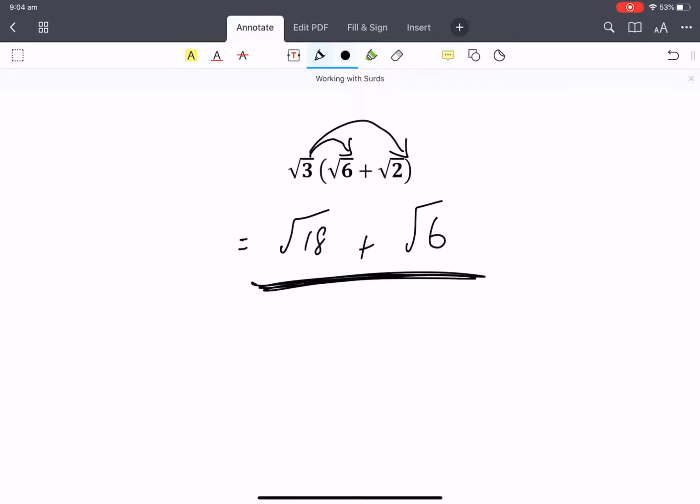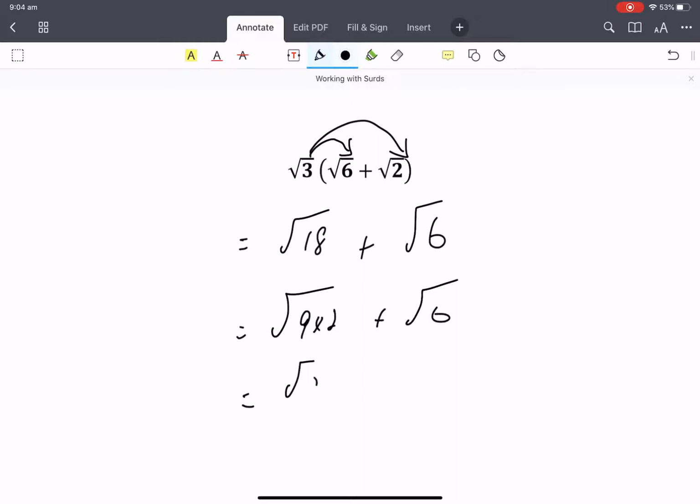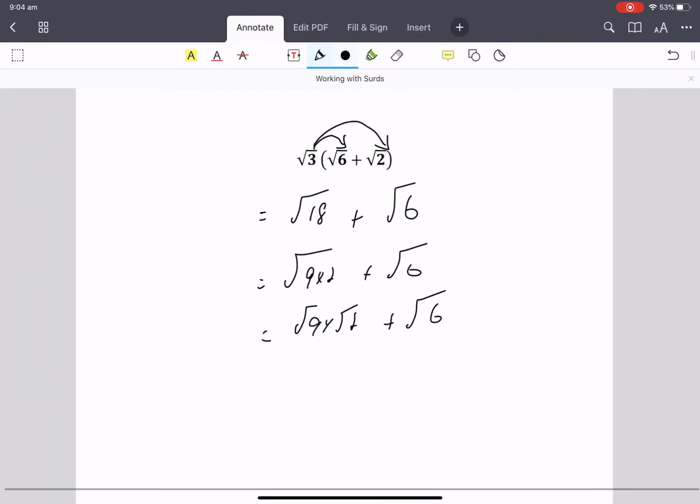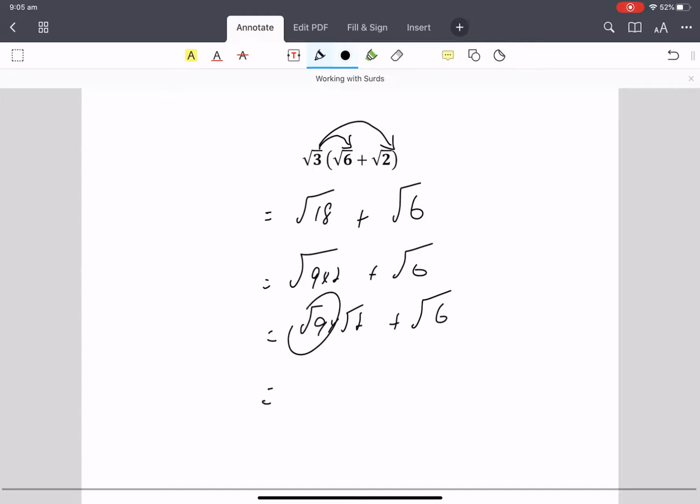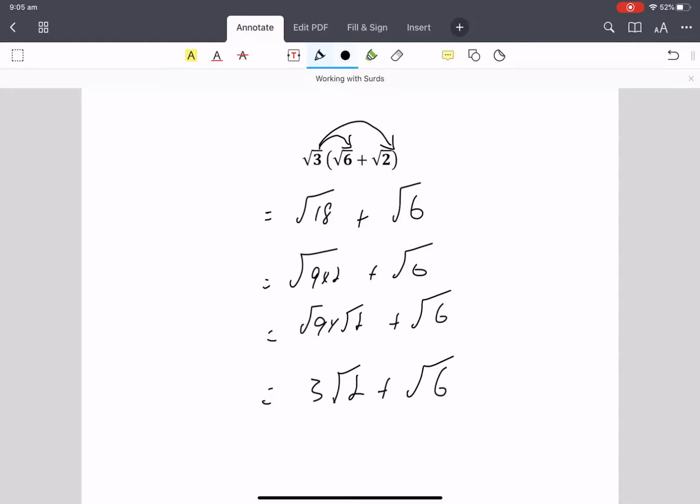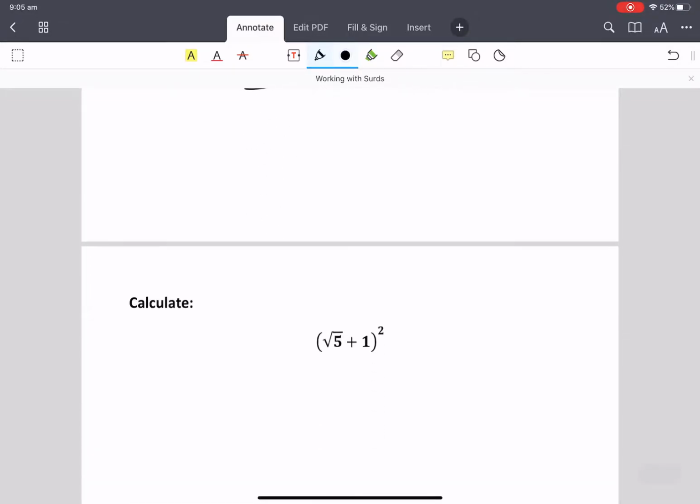Is that our answer? You're right, no, it's not, because of that 18. Root 18 is 9 times 2. We're going to split that. Root 9 is 3. Always look for your simplification.